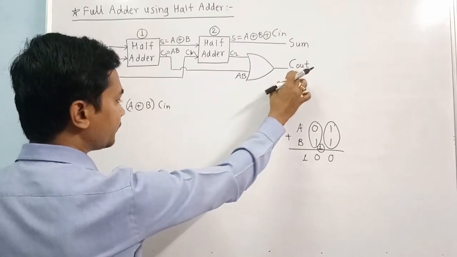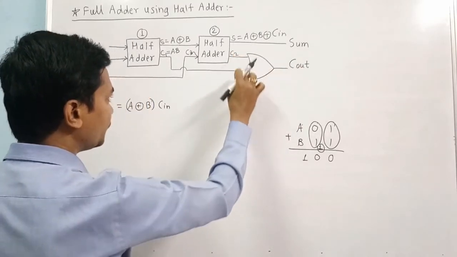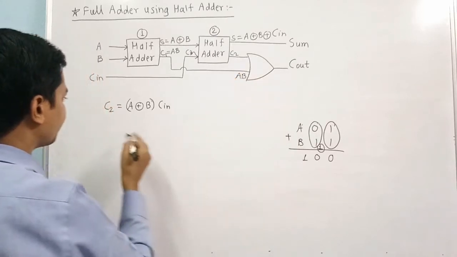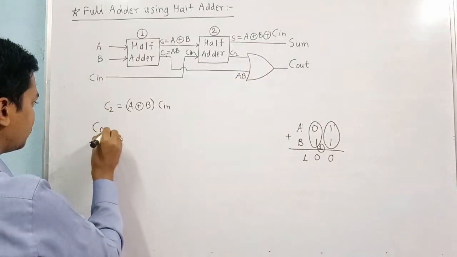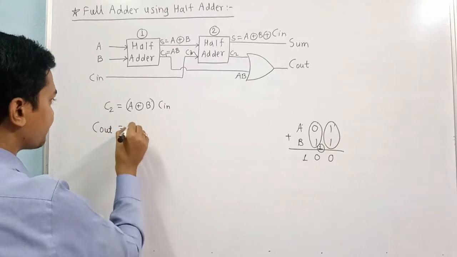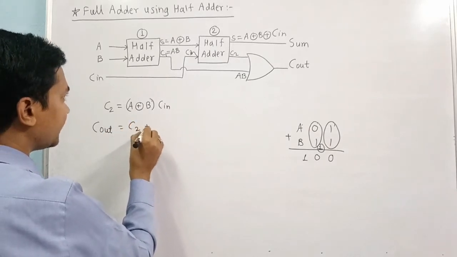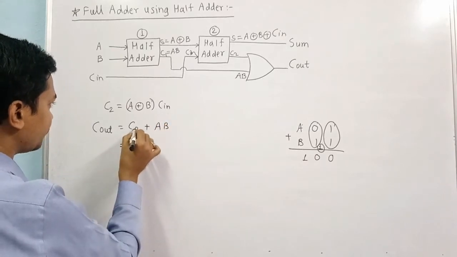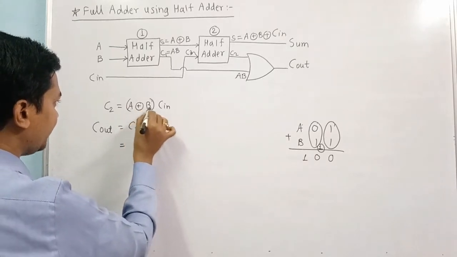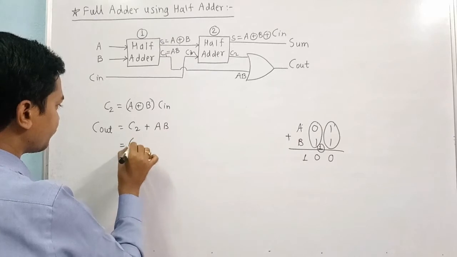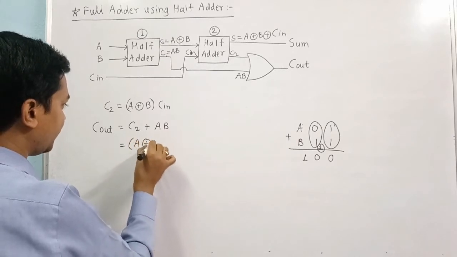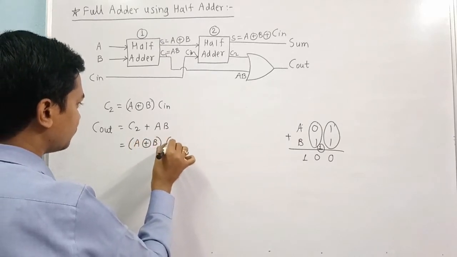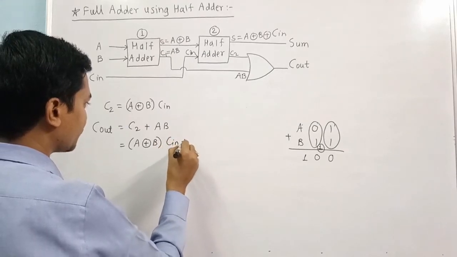The C out equation will be C2 OR with AB. So here C out is equal to C2 plus AB, and C2 is A XOR B into C in. So C out equals A XOR B into C in, plus AB.